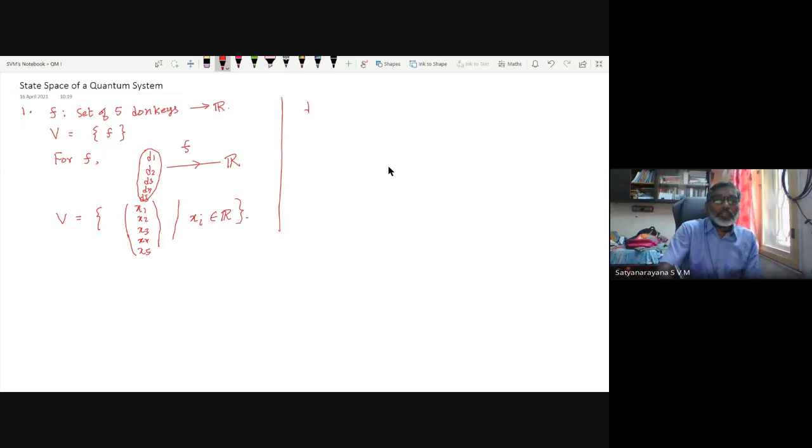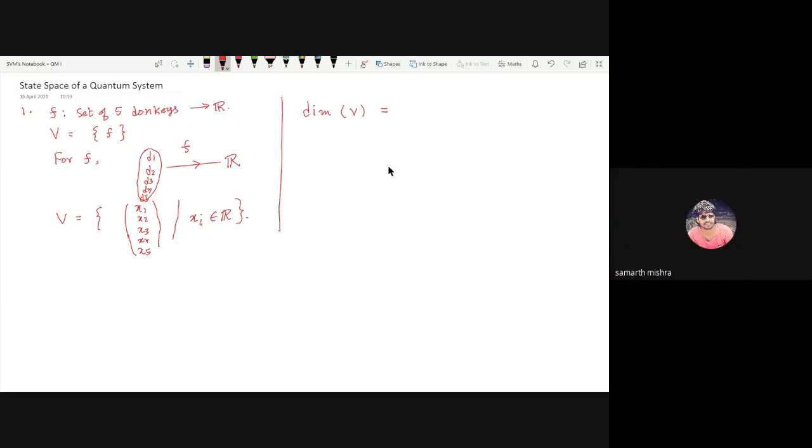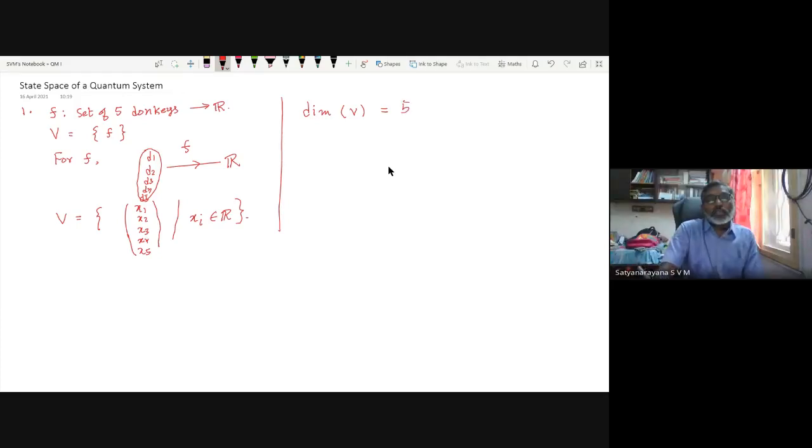Now what is the dimension of this vector space? How many real numbers are required to write an arbitrary vector in this vector space? 5. One real number for each donkey, right?